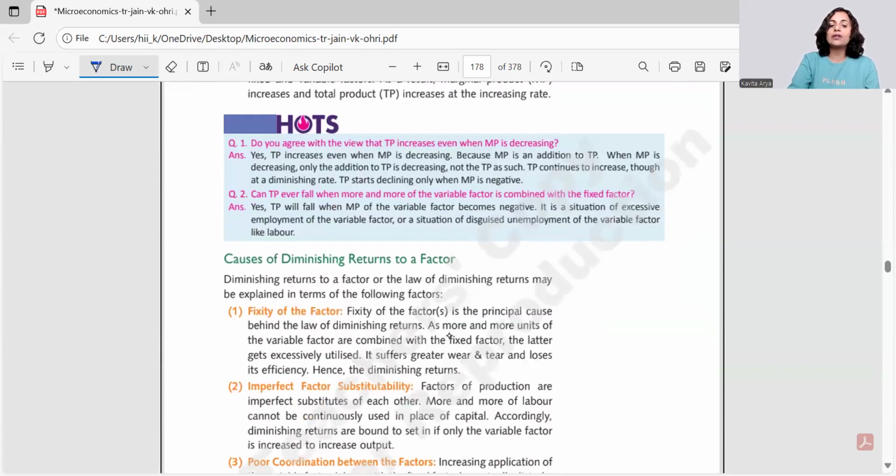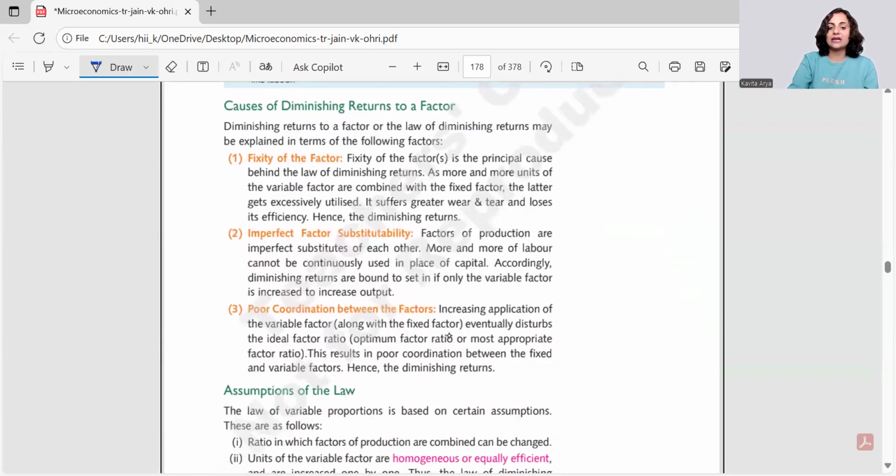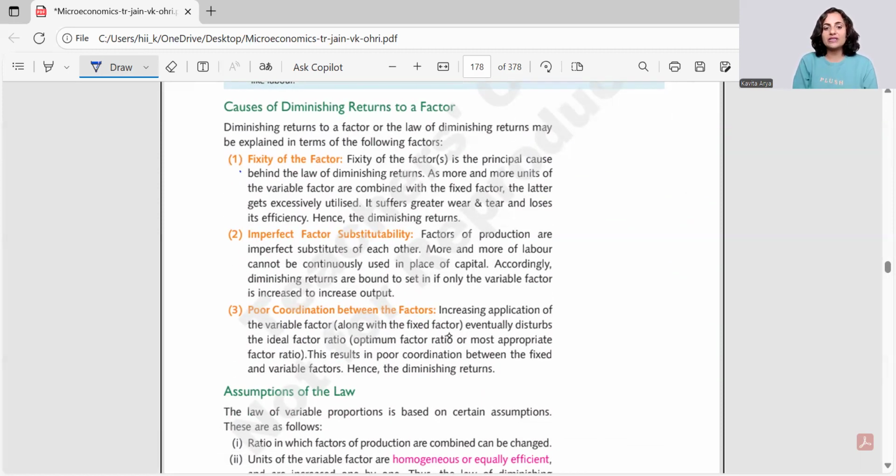But when we talk about the negative stage or diminishing stage, the first and foremost reason for diminishing returns is the fixity of factors. Every fixed factor has some maximum capacity to engage the variable factors. Say our perfect ratio of fixed to variable is 1 is to 3.